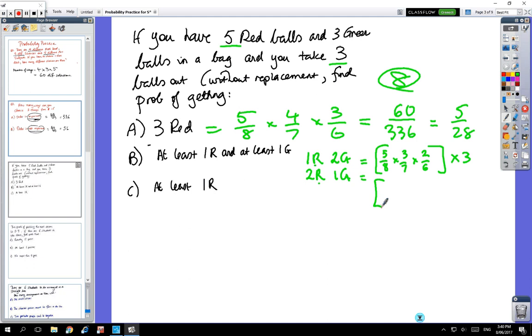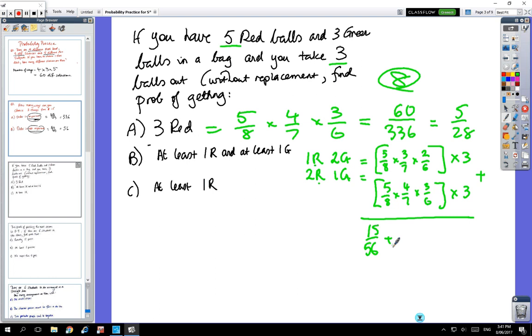Then for 2 reds and 1 green, it's 5 eighths times 4 sevenths times 3 sixths, times 3, and then we add them at the end. So 5 over 8 times 3 over 7 times 2 over 6 times 3, so the first answer is 15 over 56.